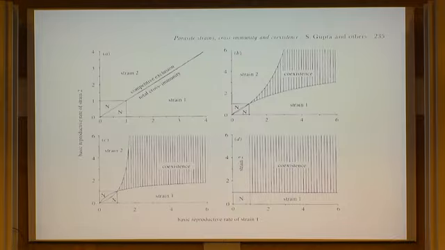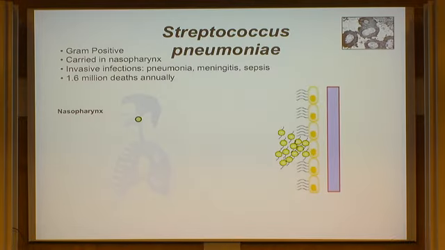So that kind of framework can be used quite successfully, just that very simple idea, strains competing, a little bit of cross-immunity, to understand the maintenance of antigenic diversity in a number of pathogen systems, and one of these is the pneumococcus.